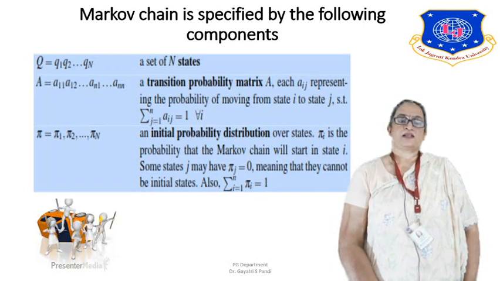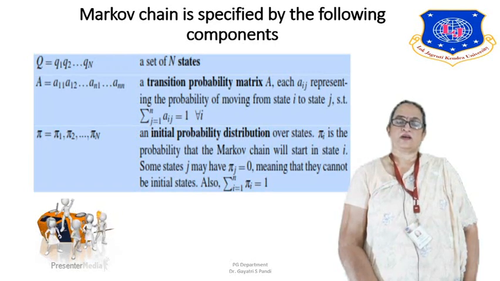So this is the transition probability matrix A, with each aij representing the probability of moving from state i to state j, and it is defined such that the summation of j equal to 1 to n, aij equal to 1 for every i.